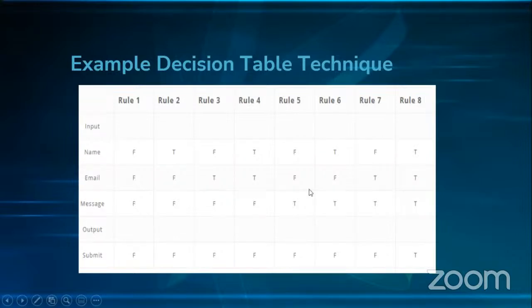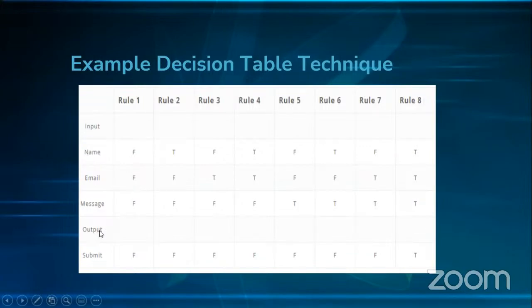So for me to be able to get the combination for the submit button to be triggered or to be grayed out, my first rule is: if you don't enter a name correctly, and you don't enter an email correctly, and you don't enter a message correctly, that's the first rule.